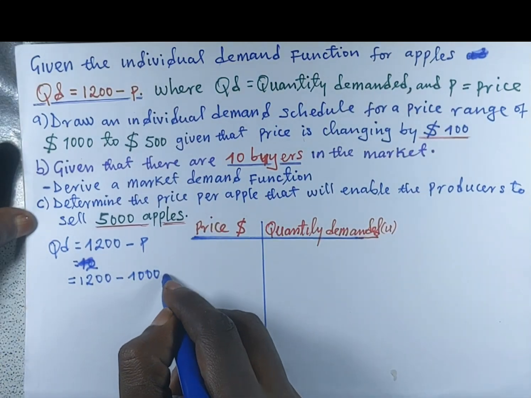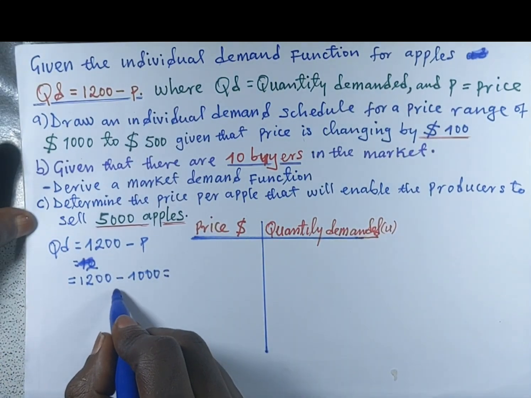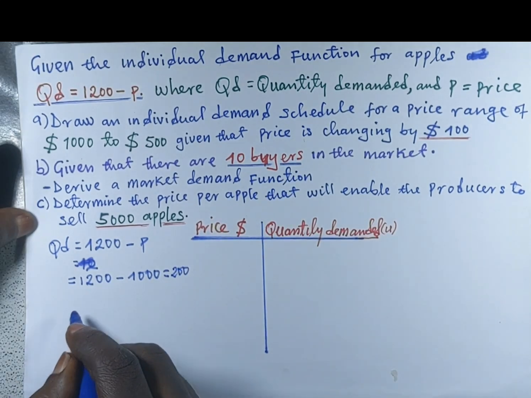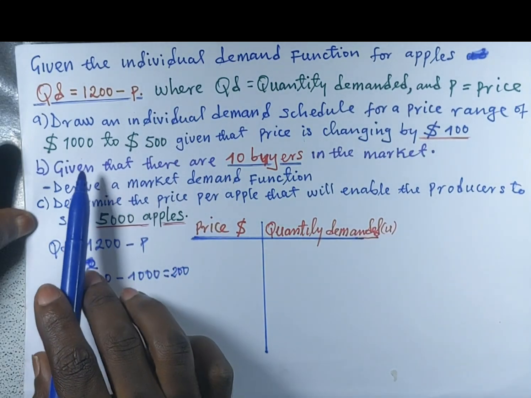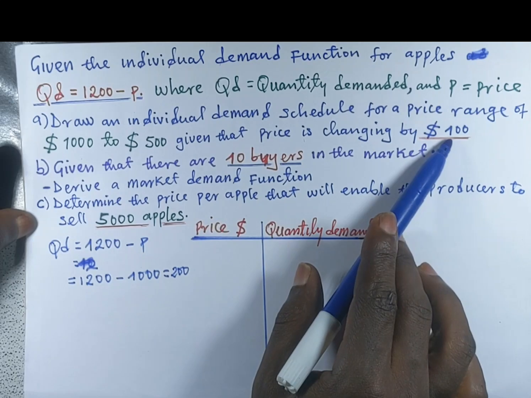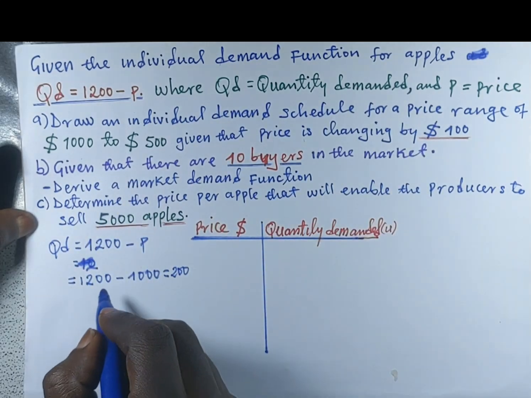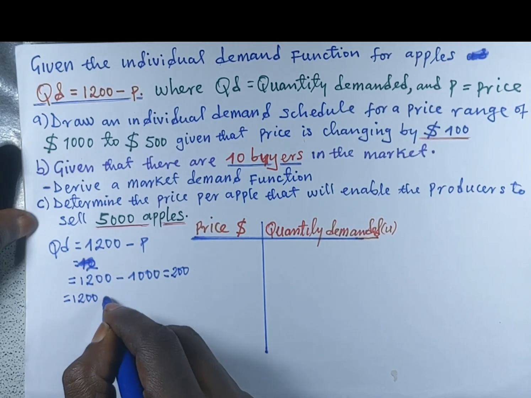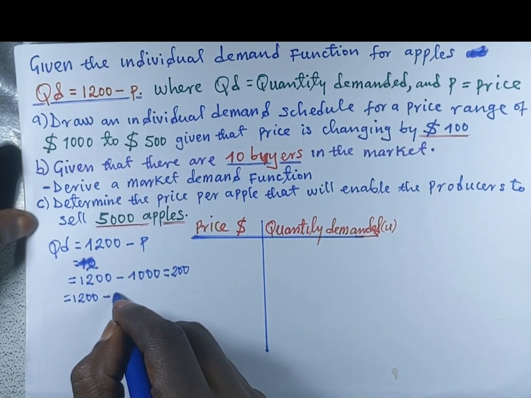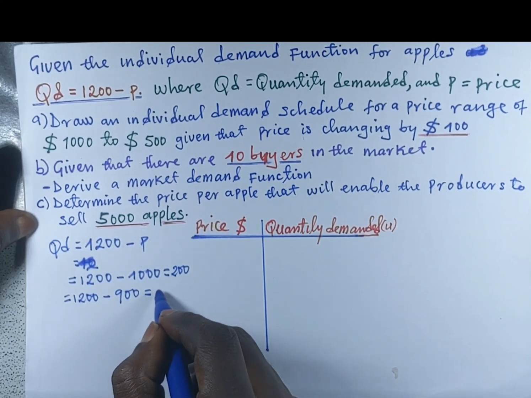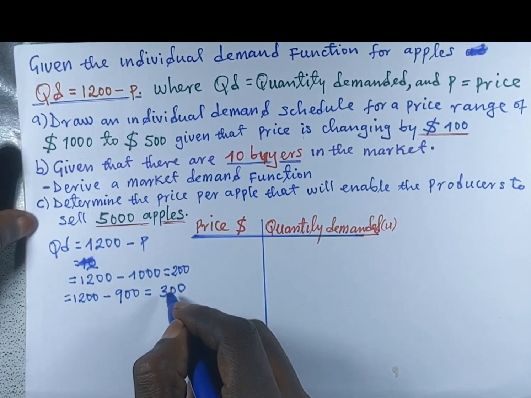We subtract 1000 because they say price ranges from 1000 to 500. So we are going to have a quantity demanded as 200, and secondly when we subtract 100, given that price is changing by 100, from 1000, we are going to have 1200 minus 900 as 300.